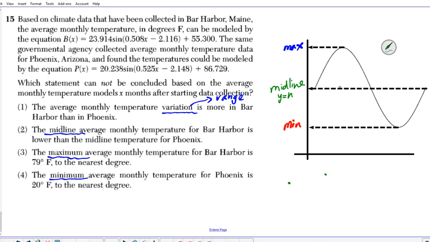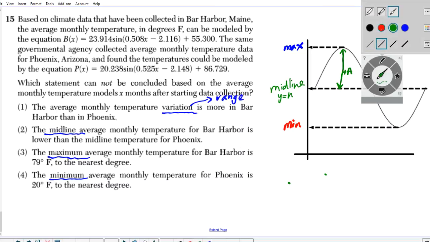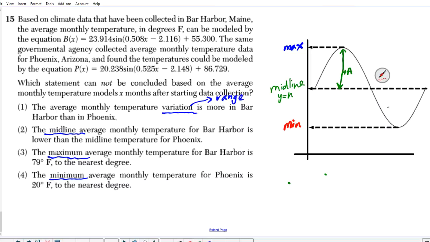If you're going from the midline to your maximum, you take the amplitude value and add it to the midline. That takes you to your maximum. And if you're looking for your minimum value, you start from your midline and subtract the amplitude, so that will take you to your minimum.